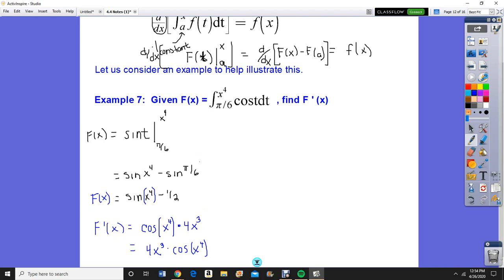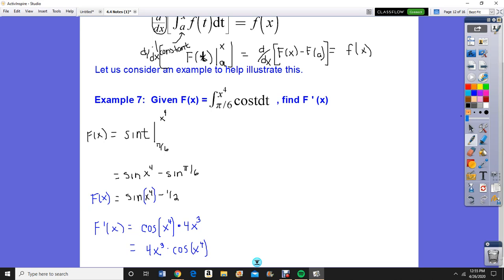My question to you is, do I really have to go through this process every single time to evaluate the derivative of this function when it is described as an integral? And the answer is no, I do not have to go through this process every single time.